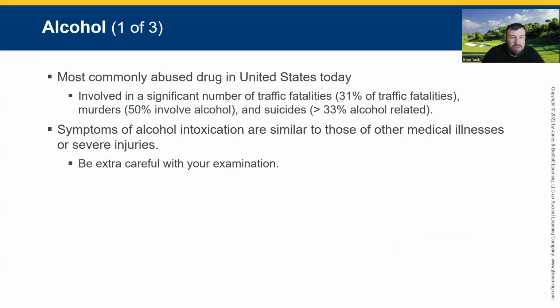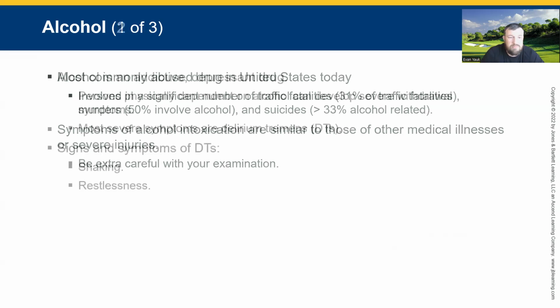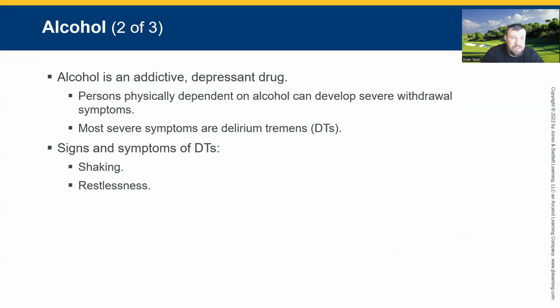Symptoms of alcohol intoxication are similar to those of other medical illnesses and severe injuries. Be extra careful with your examination. Alcohol is an addicting depressant drug. Persons physically dependent on alcohol can develop several withdrawal symptoms.